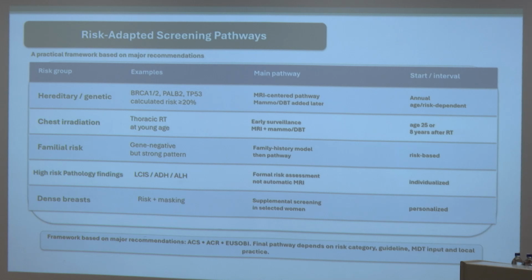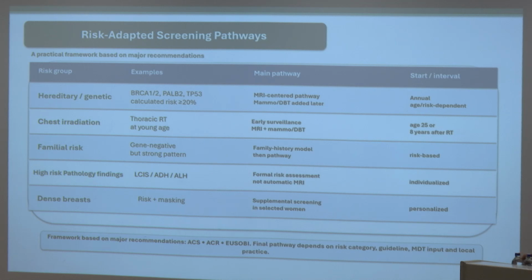The same applies to the high-risk pathology findings, LCIS, ADH, ALH, which are a formal risk again. And here we have the individual decisions about the screening. Dense breast is a risk and masking is with the others. If we have dense breast with the others, there is supplemental screening in selected women, and it is again personalized.